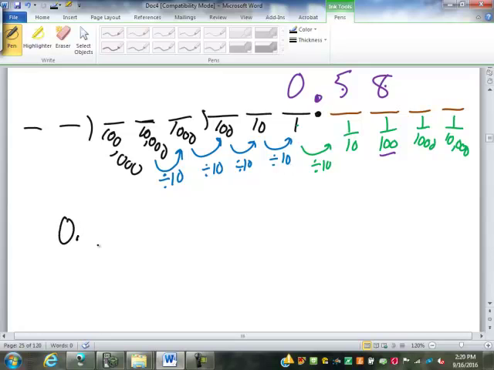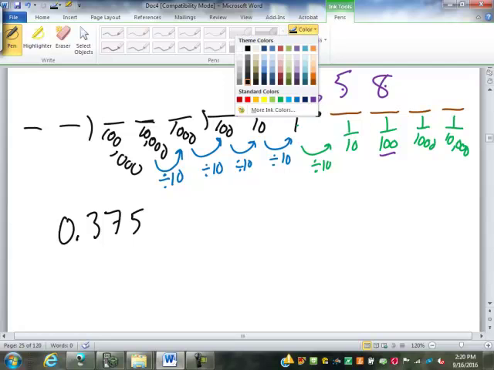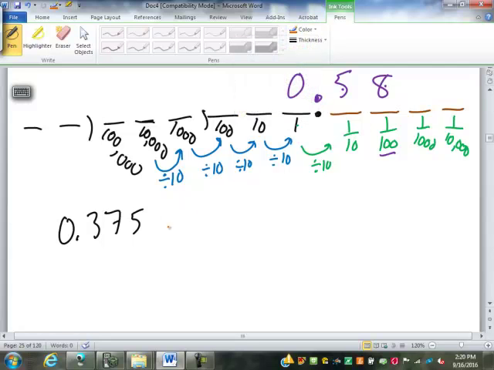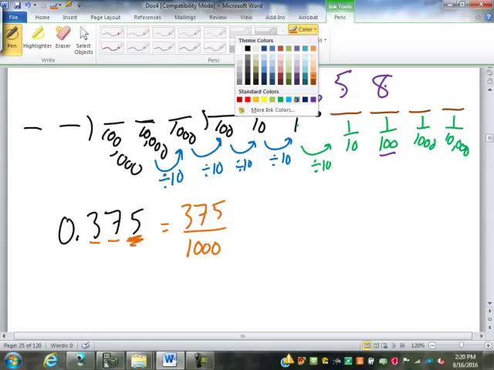If I had 0.375 to turn that into a fraction, that is 375 over, the denominator is going to be the place value of the last digit. So this is tenths, hundredths, thousandths. Just a little double check here for the pattern.